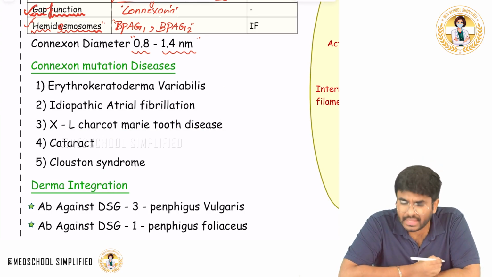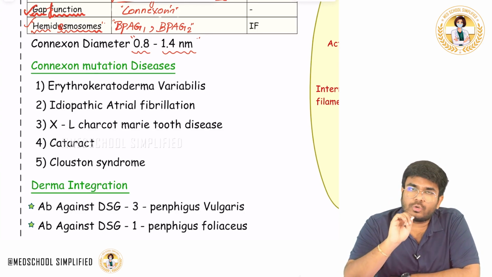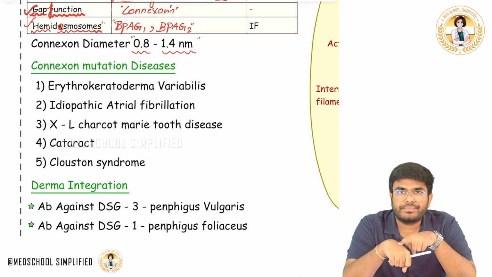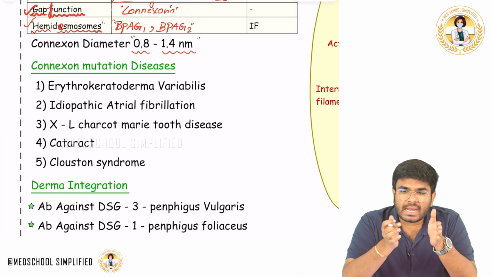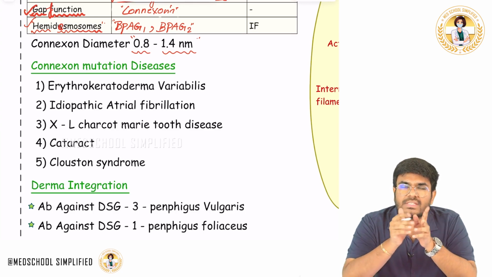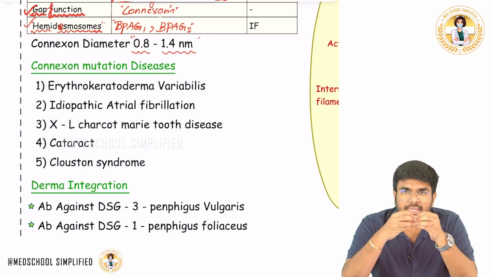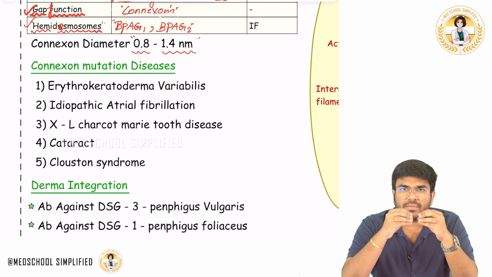Okay. In the same way, I have told you, it's the desmosomes which are present between the keratinocytes. So desmosomes are attaching one keratinocyte with the other keratinocyte. Now you tell me, if these desmosomes are damaged, the keratinocytes will separate from each other.